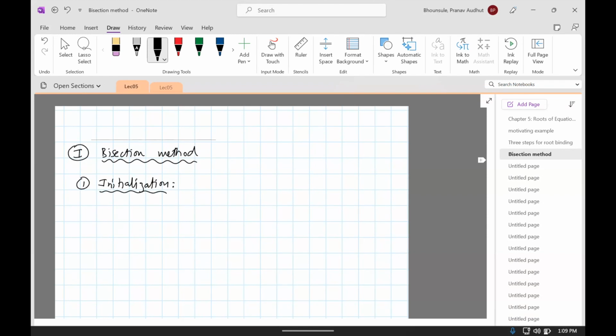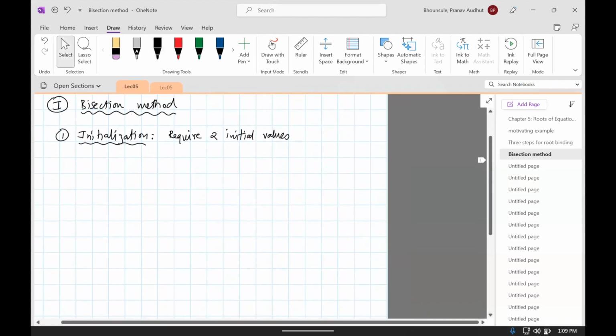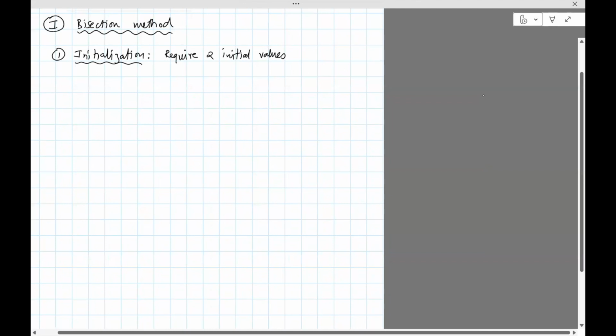Now this one requires two initial values, and they need to be specially chosen. What I mean by specially chosen is they have to satisfy this.